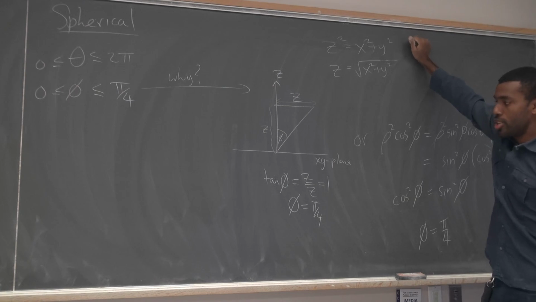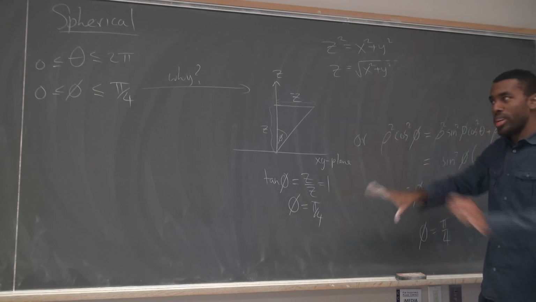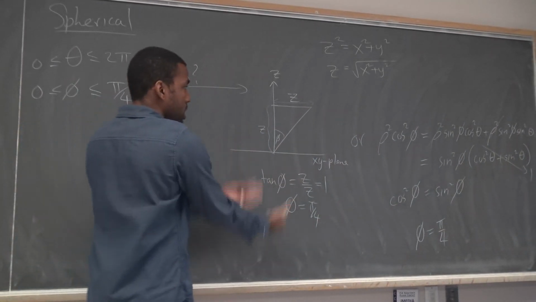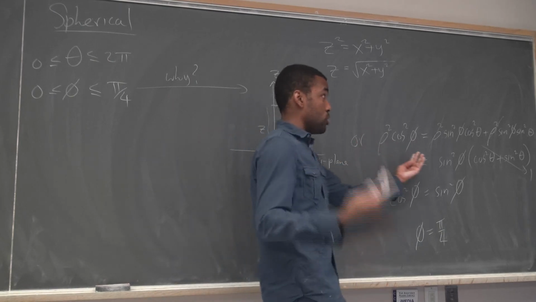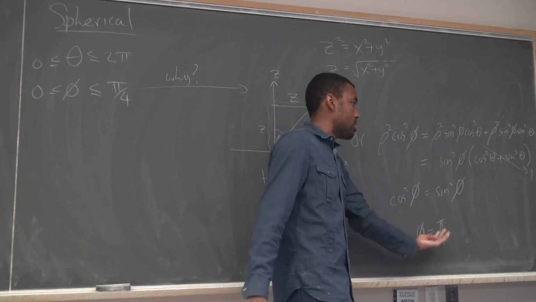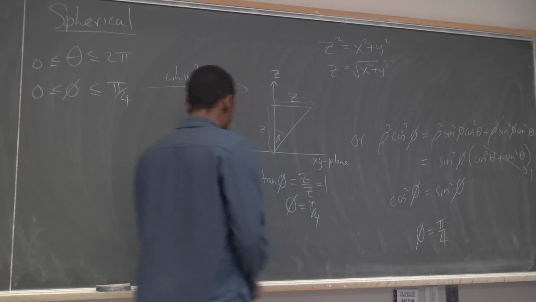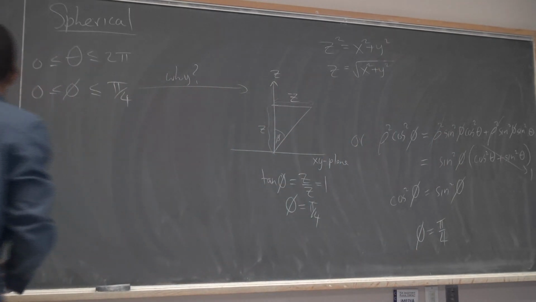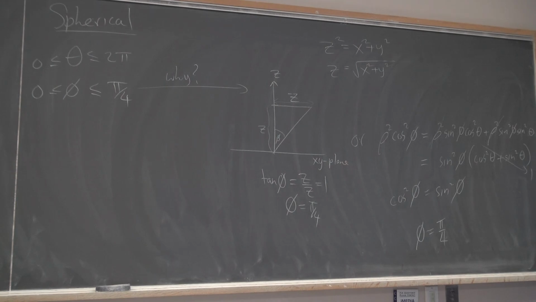I just wanted to make sure you understand what's going into all this. You can think of it using SOHCAHTOA. You can think of it just using your equations, plugging them in and simplifying to something nicer. You can think of projecting in one of these planes. Just figure out what it looks like when your theta is pi over 2.